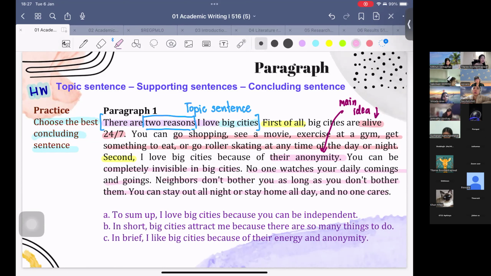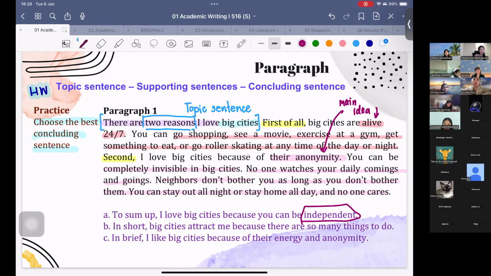And when you provide a concluding sentence, you need to summarize all main ideas. For A, it's just one of them: I love big city because of the independence, which is just one, not two. There are two main reasons. B is "big city attracts me because there are so many things to do."